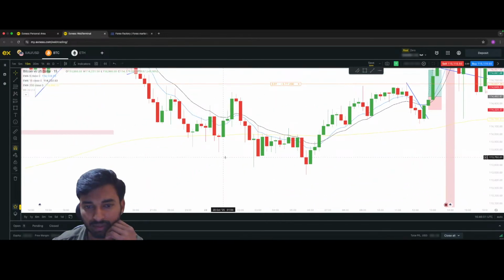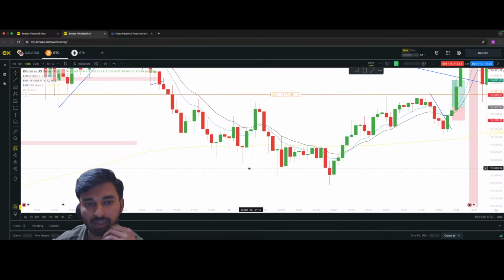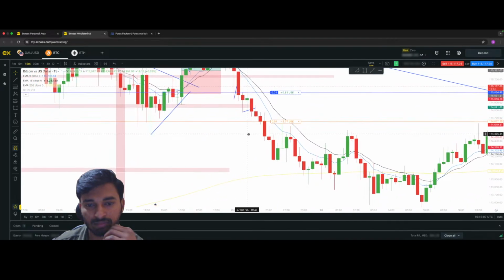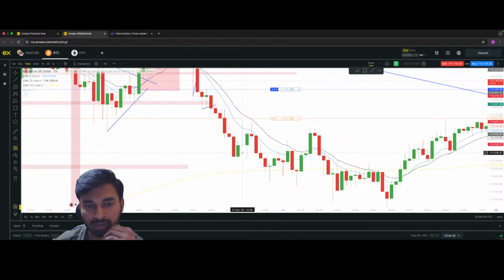I'll show whether it comes as a doji. Look here, green candle, doji, then somewhat it has not crossed above this, then it is falling.